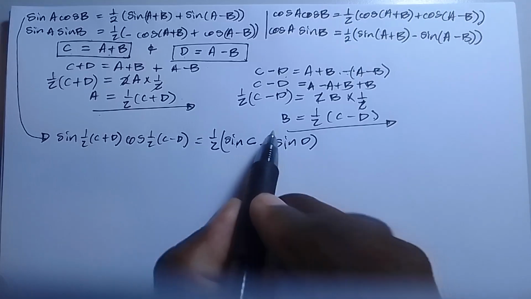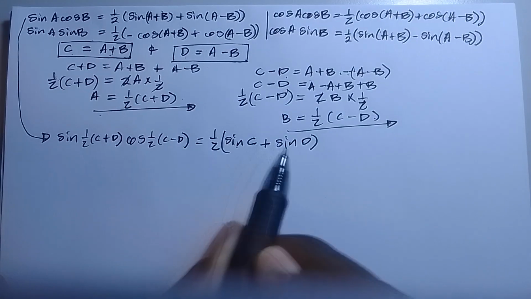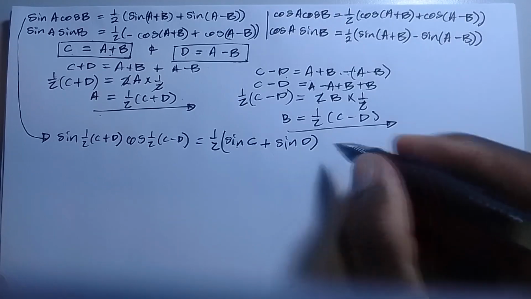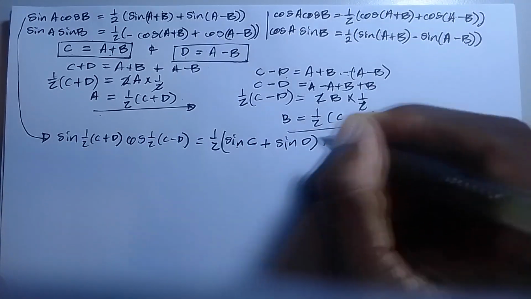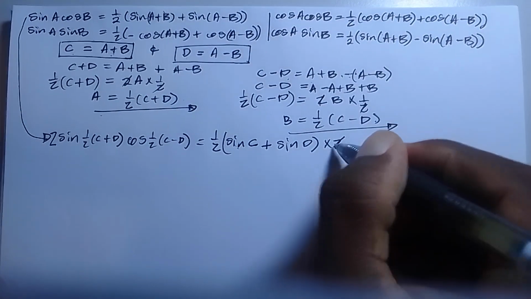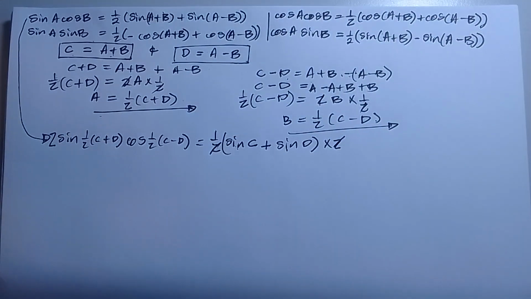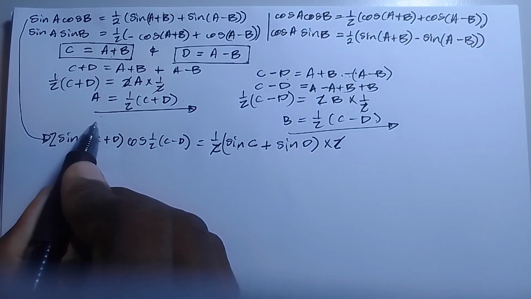Now, in order to have this in the format that they wrote it in the question, you have to multiply both sides by 2. Right, and then this 2 is going to cancel that one. And then you have this equal to that.